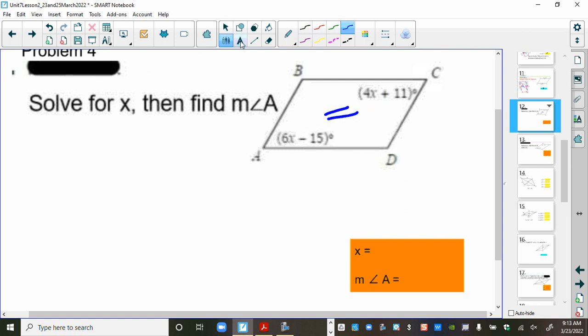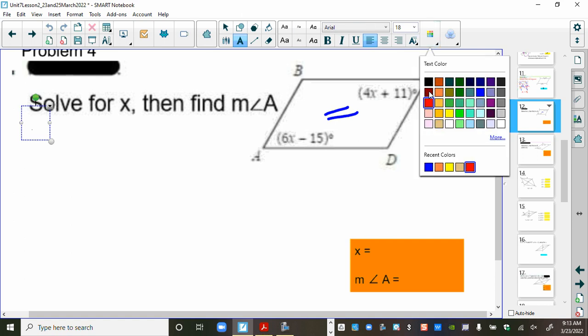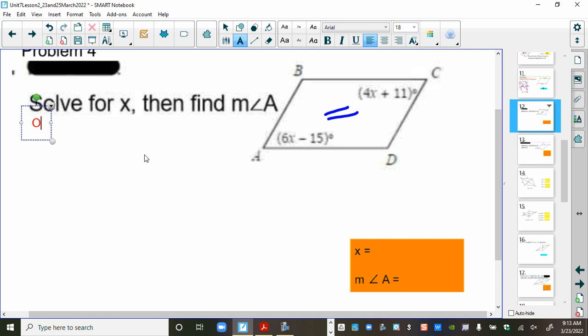Those 2 are equal to each other. Opposite angles are equal. Opposite angles are congruent.